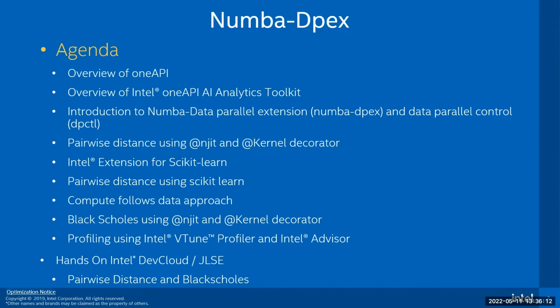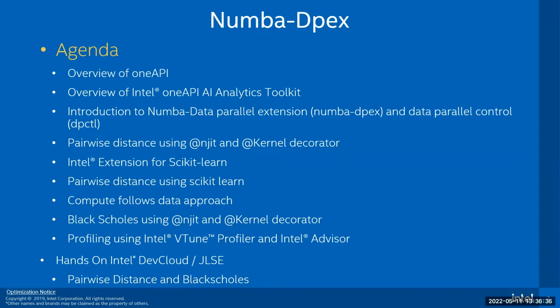We'll also introduce you to Intel extension for scikit-learn, which helps with different calculations of pairwise distance using scikit-learn. And we'll also look at some of the compute follows data approach.